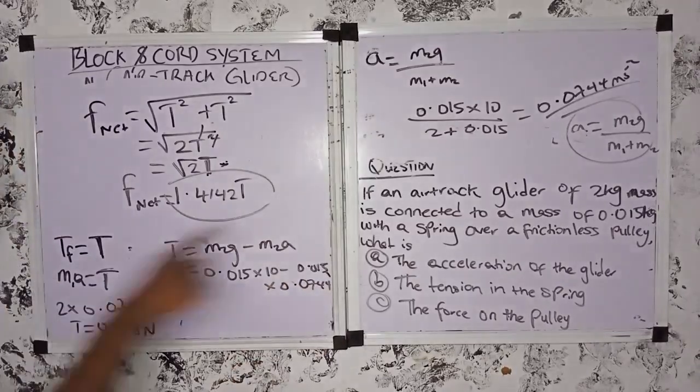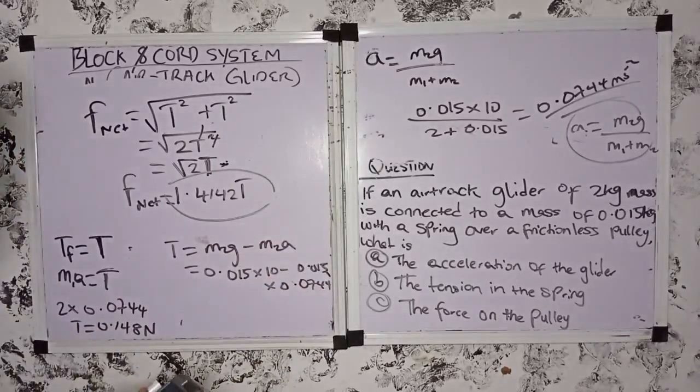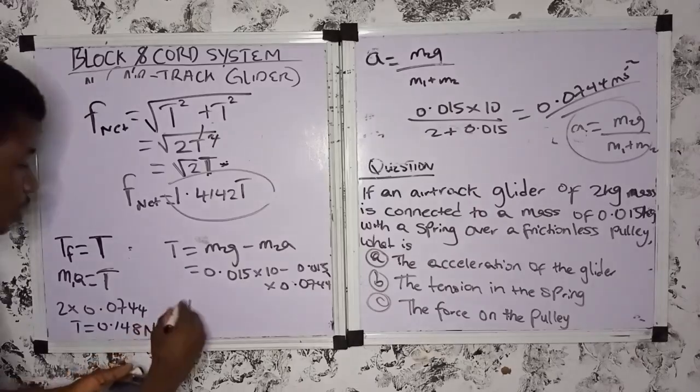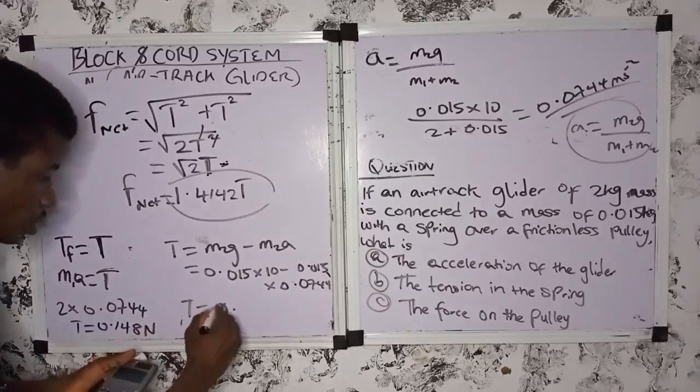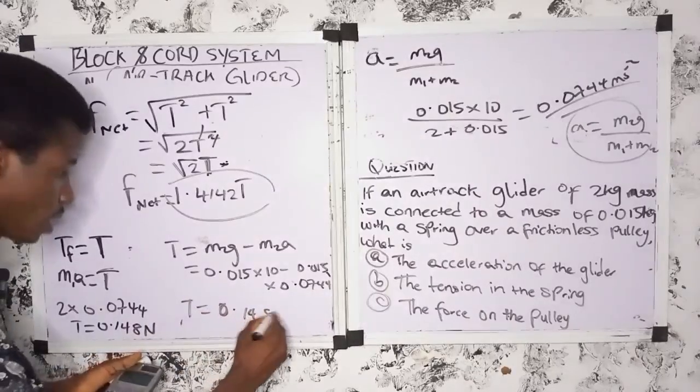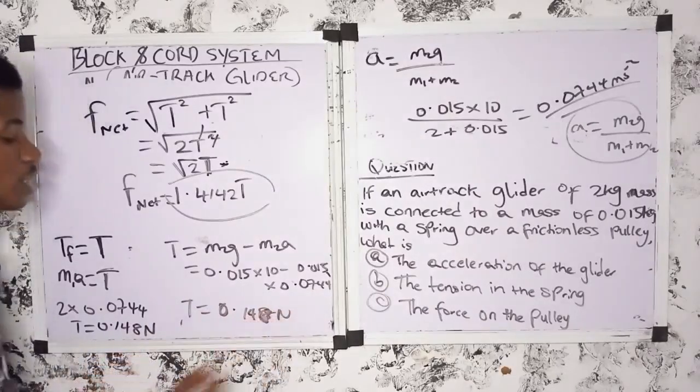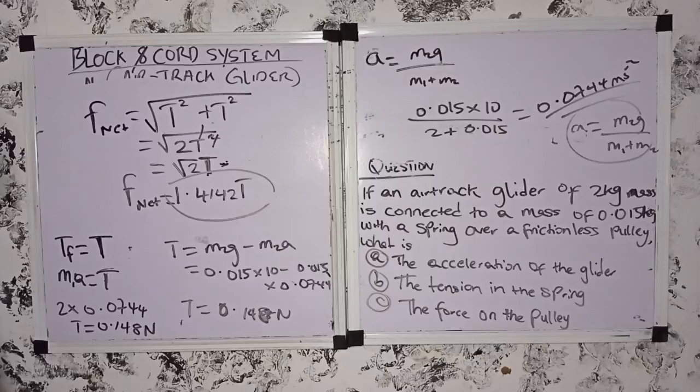Let me just do everything straight with the calculator: 0.015 times 10, then minus 0.015 times 0.0744. When I did it directly, the tension is equal to 0.148 Newton.